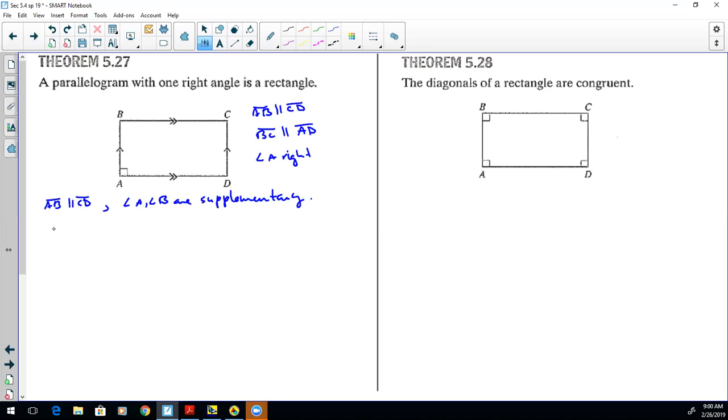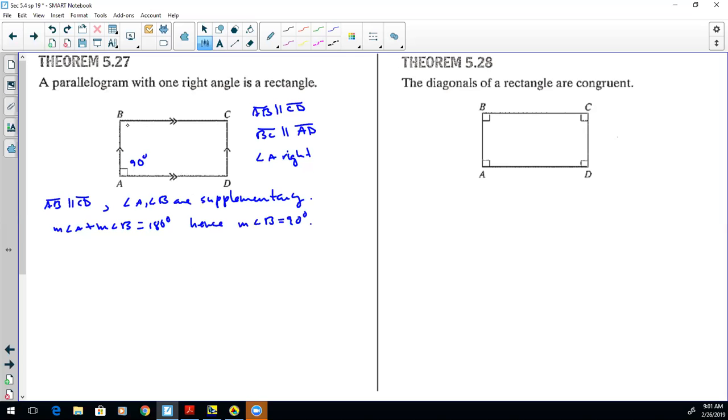So if you add them up, you should get 180 degrees, and since A is 90 degrees and these add up to 180, the measure of angle B has to be 90 degrees as well.